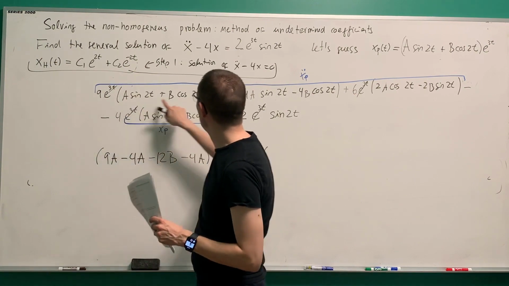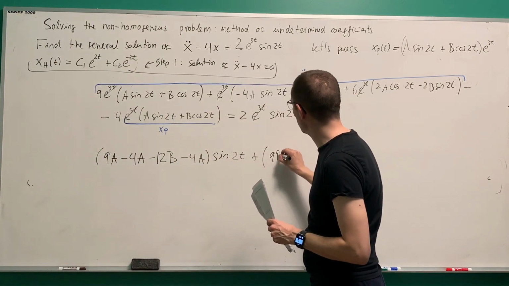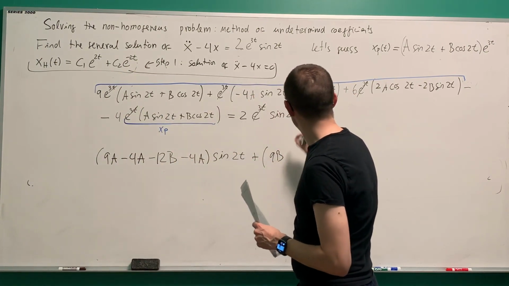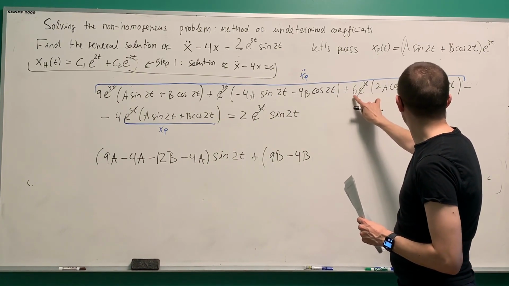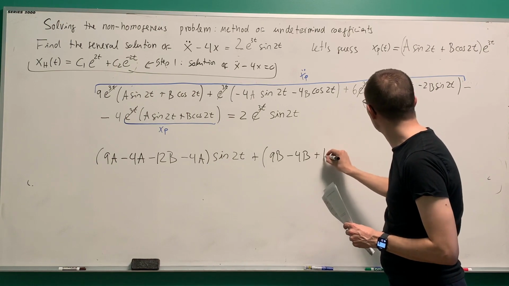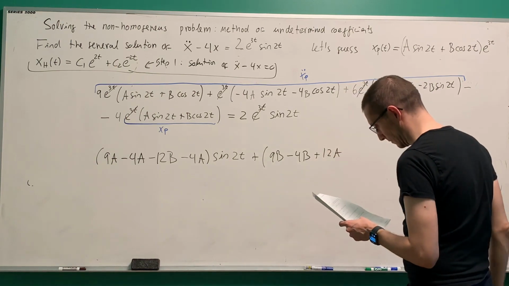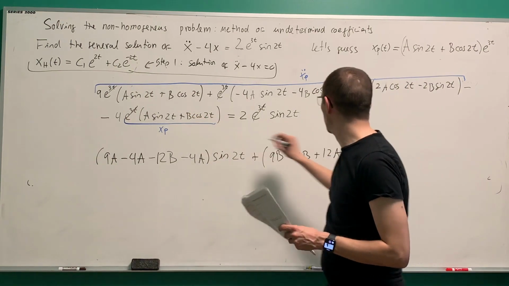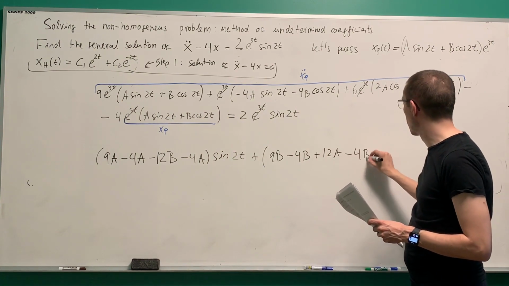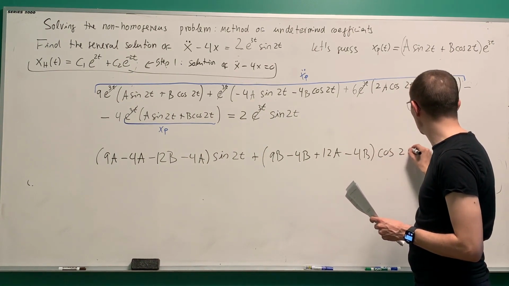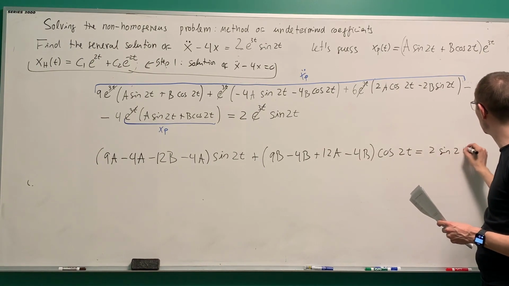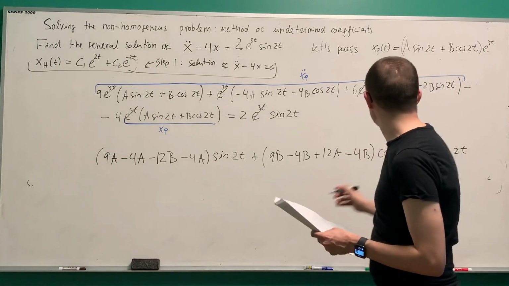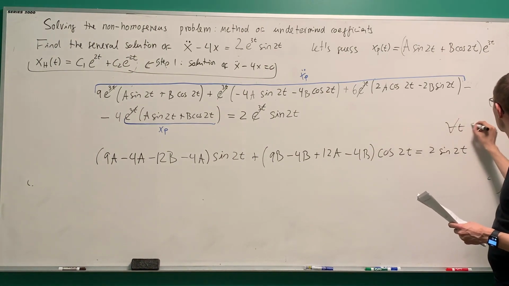We have 9b for the cosine from the first term, minus 4b, plus 12a, and then minus 4b. That multiplies the cosine of 2t. And on the right hand side, I get twice the sine of 2t.